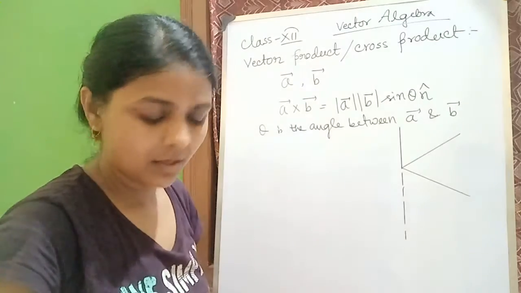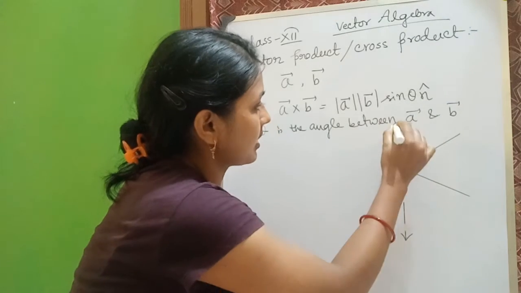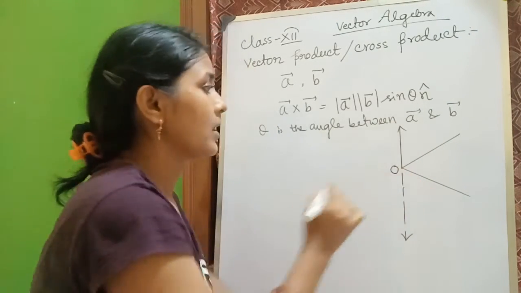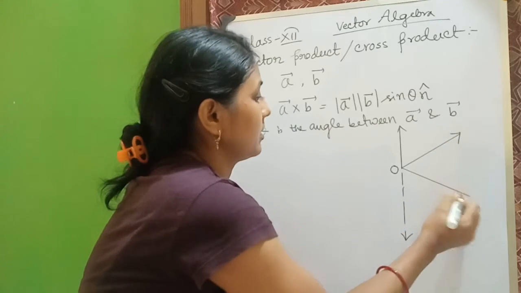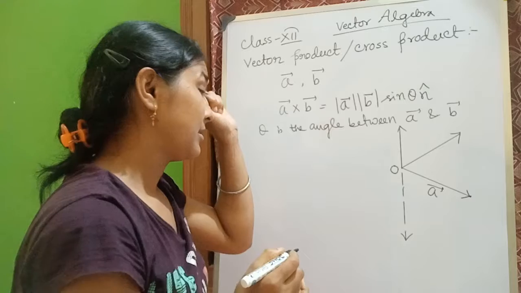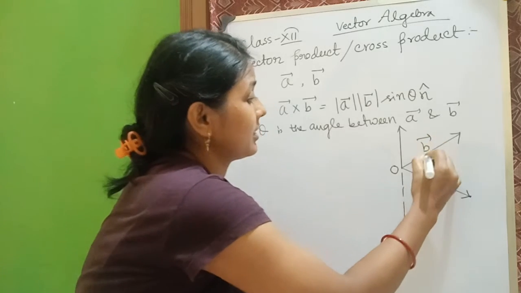This is, suppose, O. This vector is A vector, this vector is B vector.